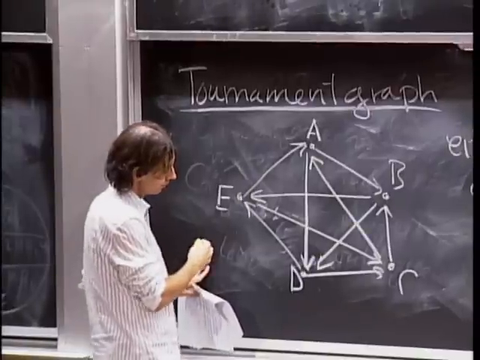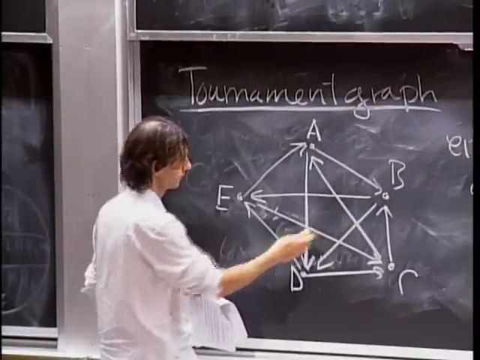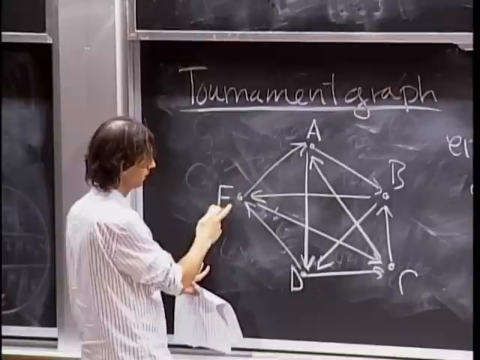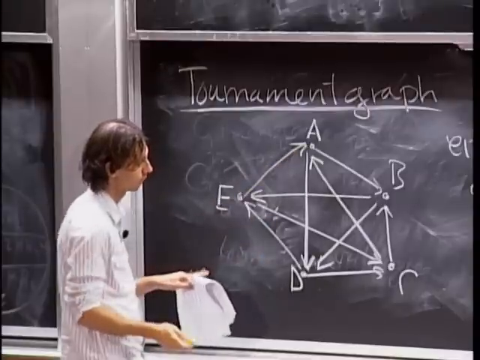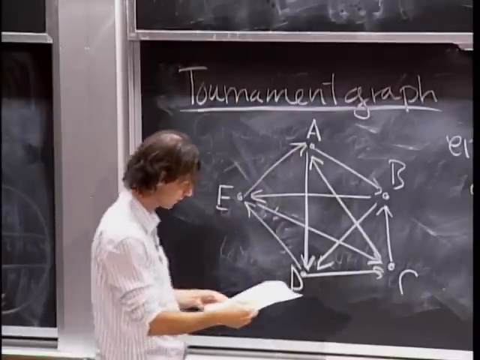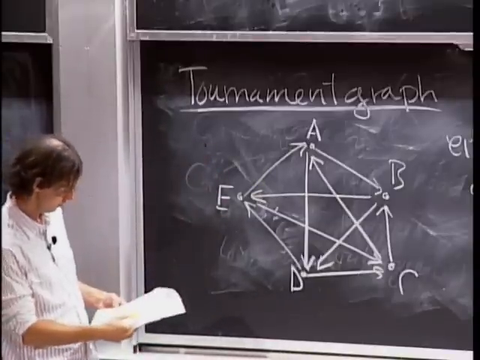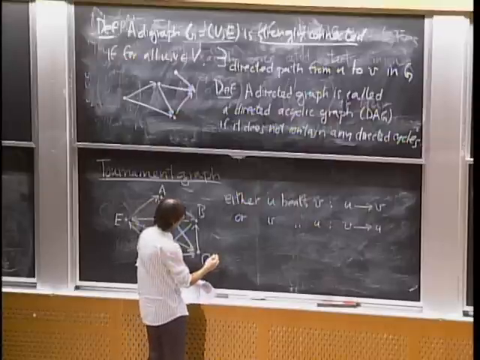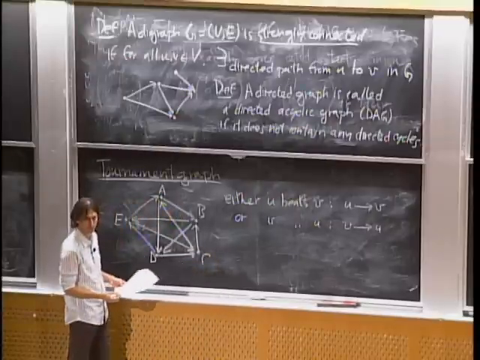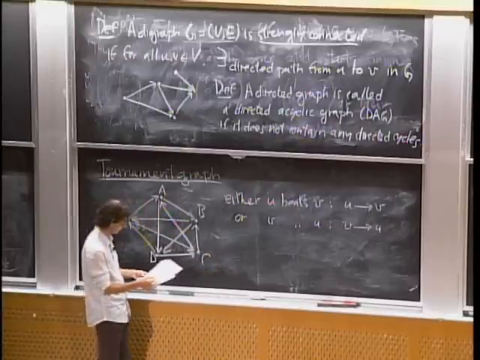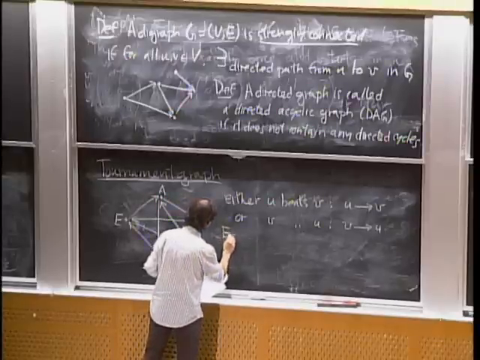For example, B is beating E, and E is beating A, and so on. Maybe we can figure out who's the best player in here. This is the general question that we would like to answer. Maybe we cannot answer this.